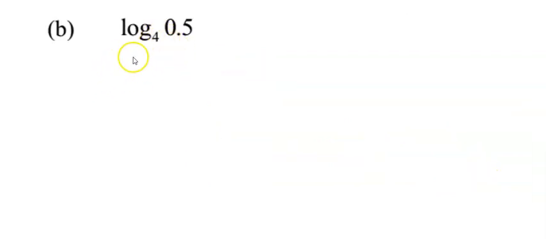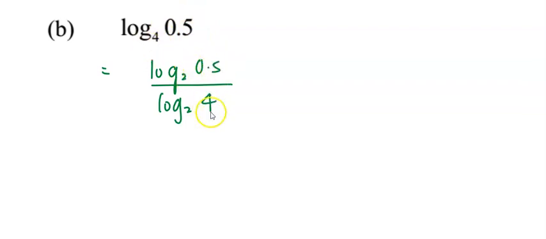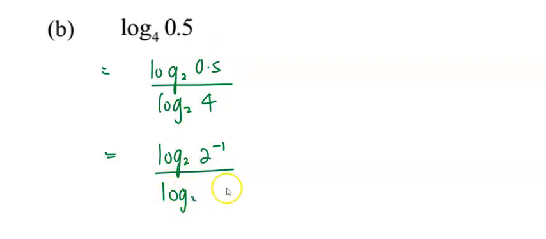For log 0.5 to the base of 4, I choose to have the base of 2. The log 0.5 will be on top and the log 4 will be below. The 0.5 can always be converted into 2 to the power of -1 because it equals 1 over 2, and 4 can be written as 2 to the power of 2.